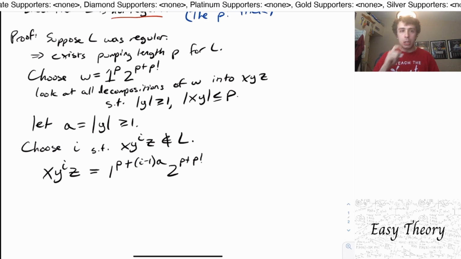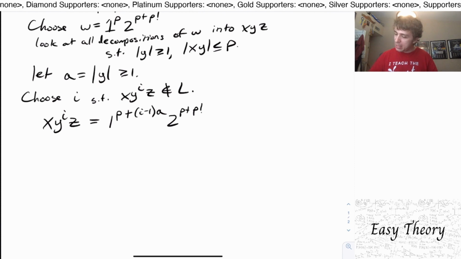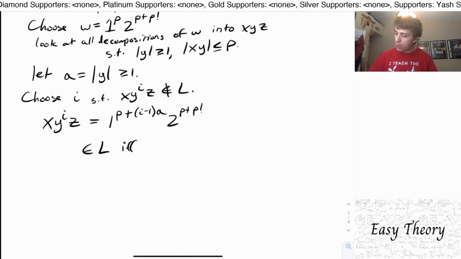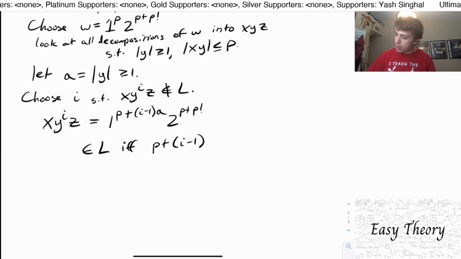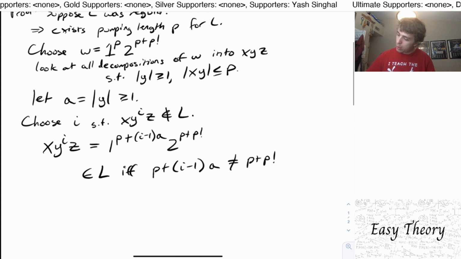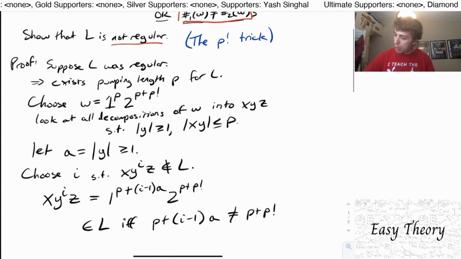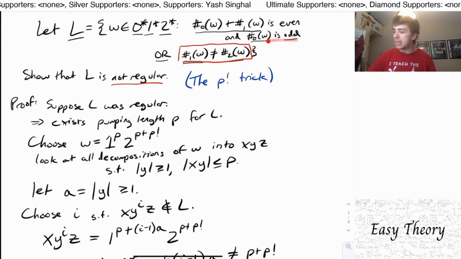Okay, so what can we do with this? This is in the language if and only if the value P plus I minus 1 times A is not equal to P plus P factorial. And why is that? Well, we have no zeros in the string, so the number of zeros is not odd, so this condition is not satisfied.